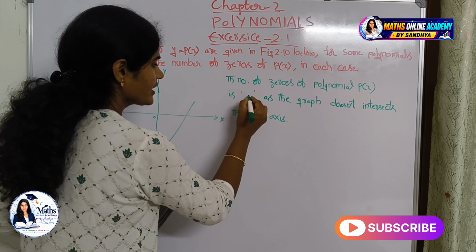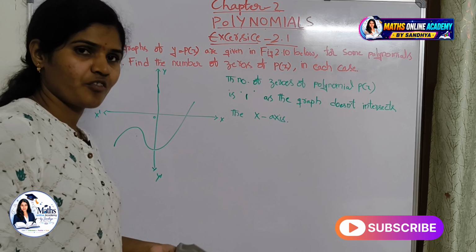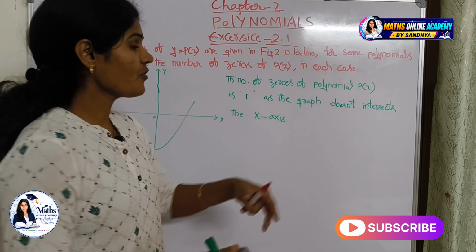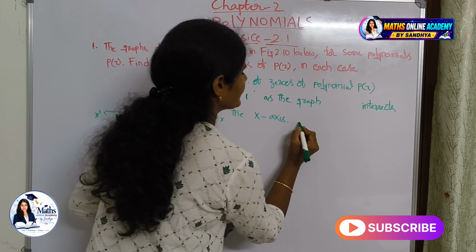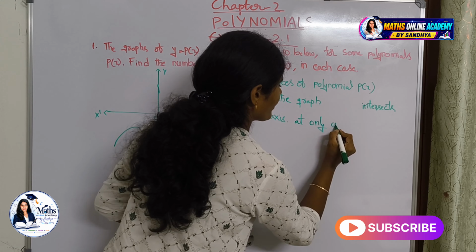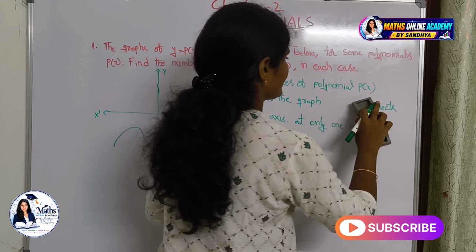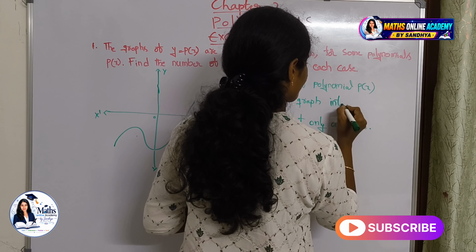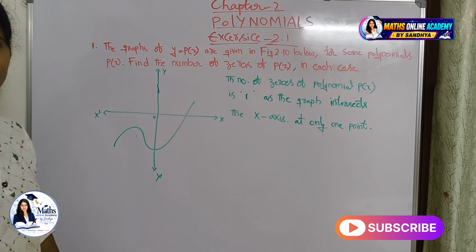How many times the graph intersects the x-axis is the number of zeros. Here only one time, so 1, as the graph intersects the x-axis at only one point.